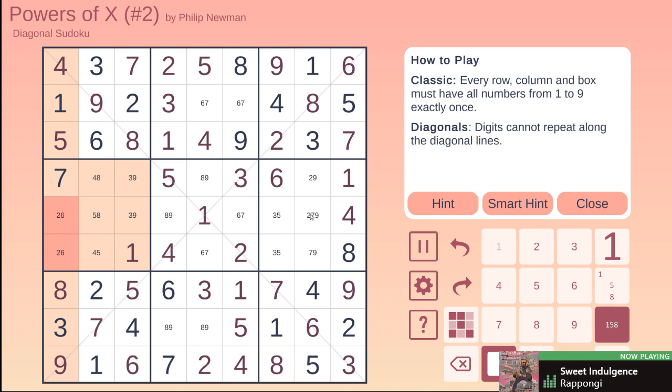What's going on here? 2, 9, 7, 9, 2, 7, 9. No, nothing there. 3, 5, nothing there. 6, 7, 6, 7, 8, 9, 8, 9. There's nothing I can do about that.